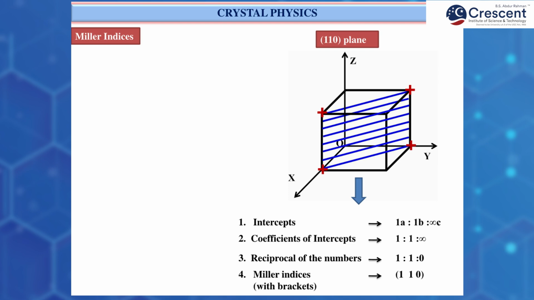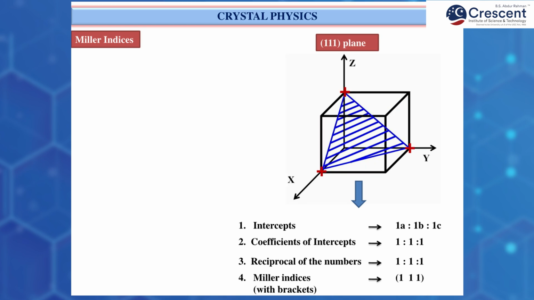Can you see it passing through the diagonal? The plane is parallel to the z-axis, so the coefficients are x-axis 1, y-axis 1, and since it is parallel to z, the coefficient is infinity. So can you find the reciprocal? 1, 1, 0. With brackets, you can represent this reciprocal, which means that is the Miller indices of this plane, 1, 1, 0.